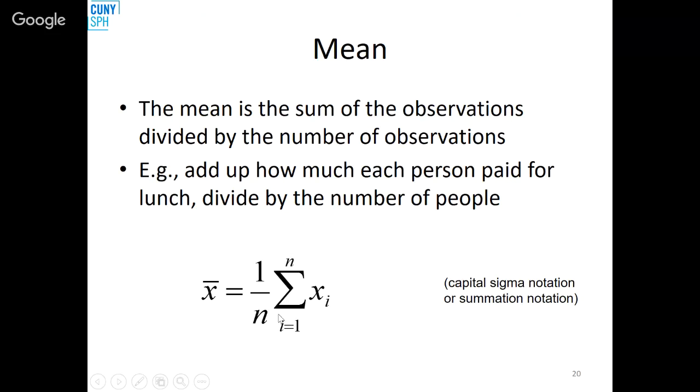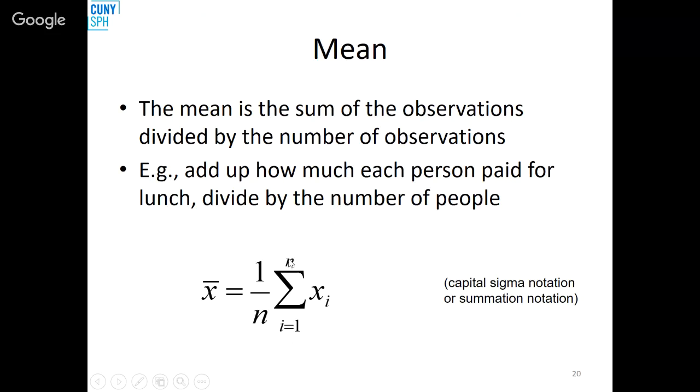This is called capital sigma notation, and it just means a sum. So I'm indicating our variable here, our measurements, with the subscript i, and saying I'm going to sum all of these measurements from the first to the last.